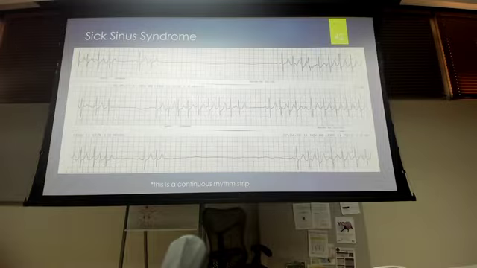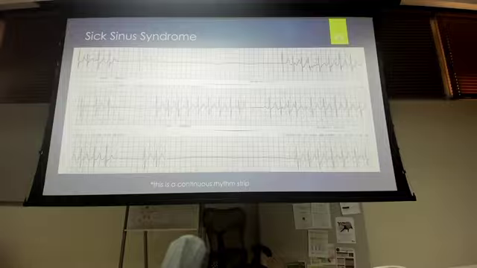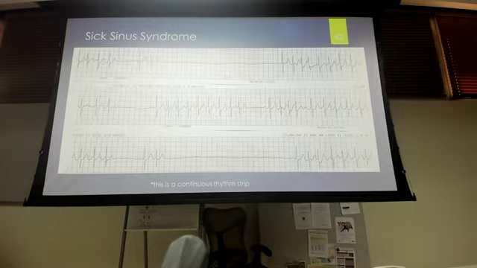I've seen sick sinus syndrome twice ever in my entire medical career, and both of them were in the ICU for a syncopal episode. Their evaluation in the emergency department was unremarkable. We happened to walk in, and on their monitor, they were going in and out of this tachyrhythm, then Brady, and then they had these long pauses, these long sinus arrests.